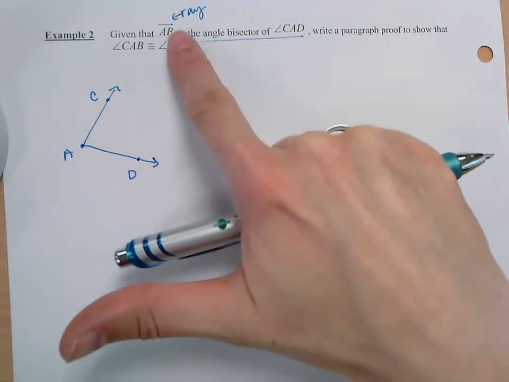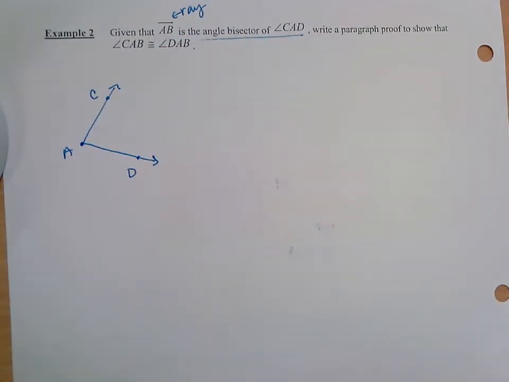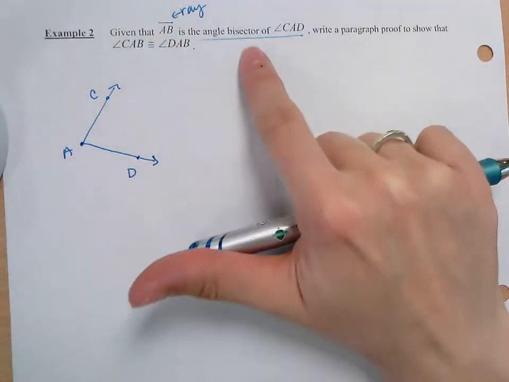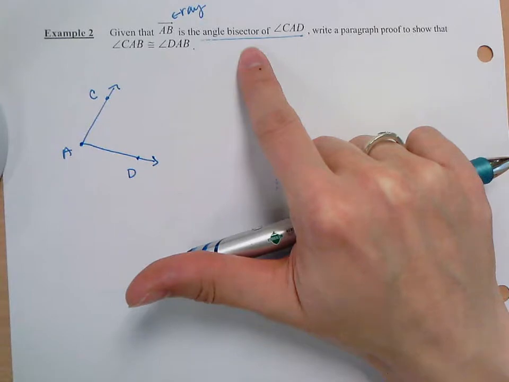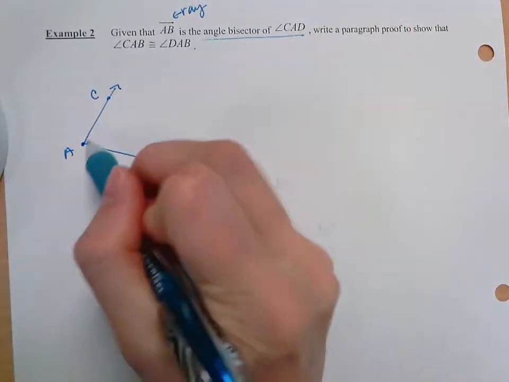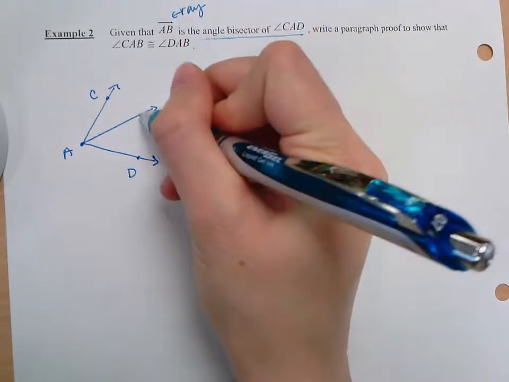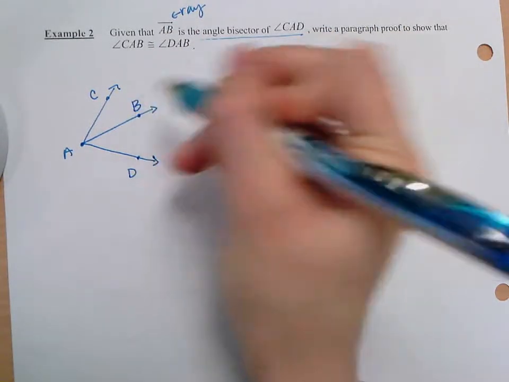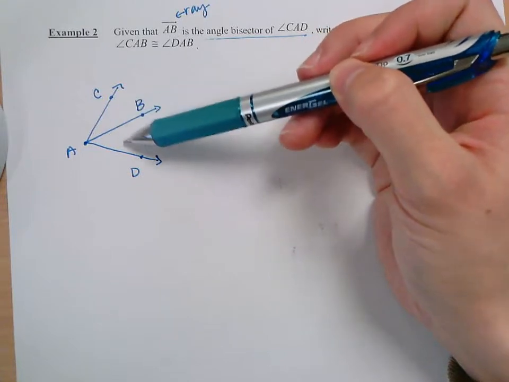And I am given that ray AB is the angle bisector. First of all, what is that? What is an angle bisector? It cuts the angle in half. So here's A, and I have a ray with B that's cutting my angle in half.